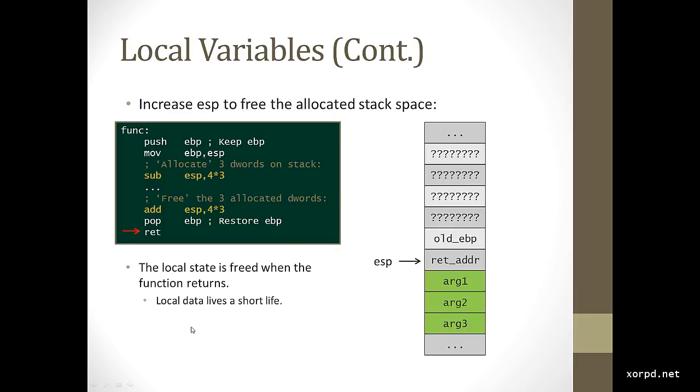I mention this because you should understand that local data should not be used for objects in memory that live longer. For example, you cannot create data on the stack that lives longer than your function. The local data on the stack cannot outlive the function. When the function ends, the local data dies. This is a very important concept to remember.